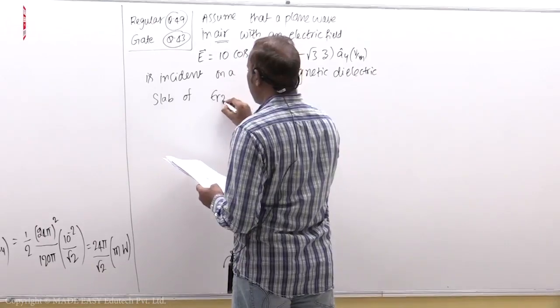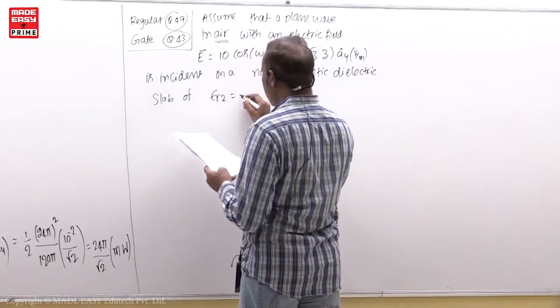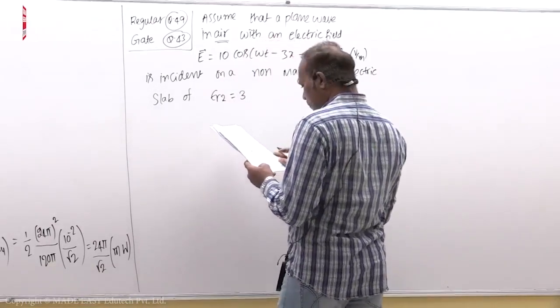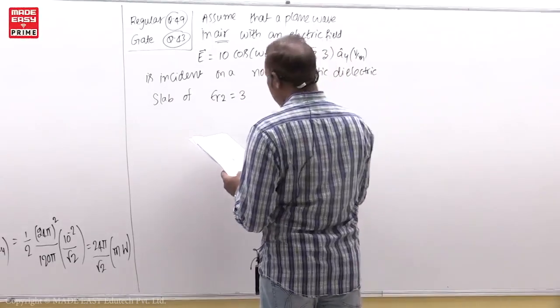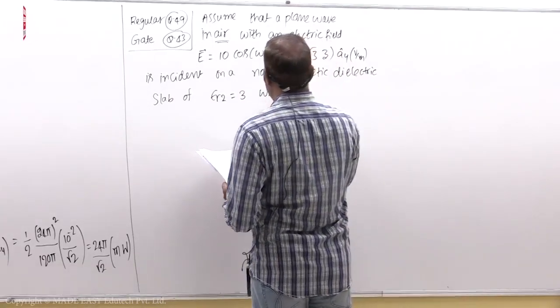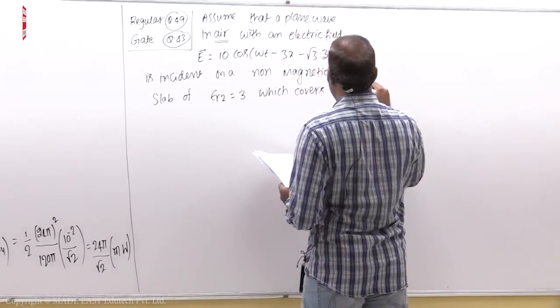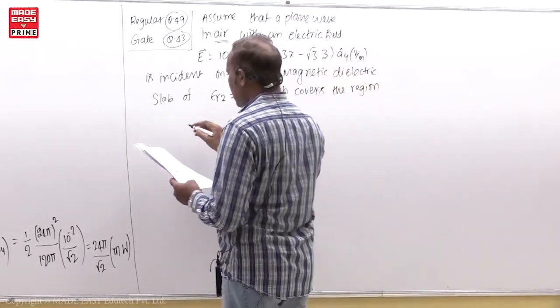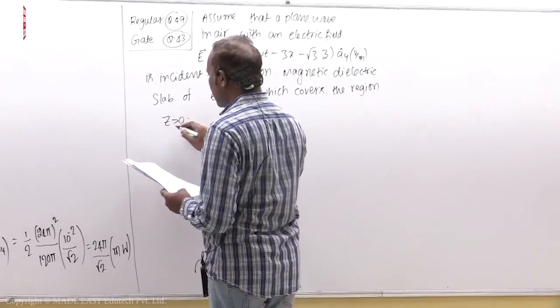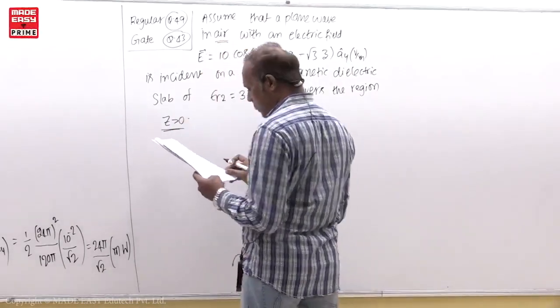Actually I will write like this: epsilon r2 for second medium is 3, which covers the region z greater than 0. This is important point, z greater than 0. In solving the question, this is important one.